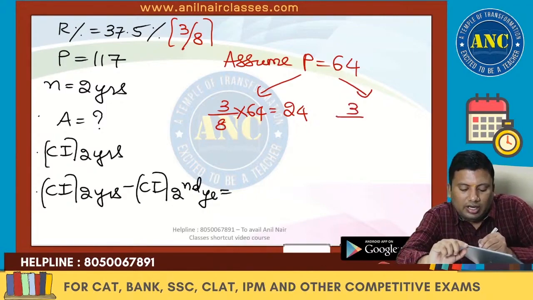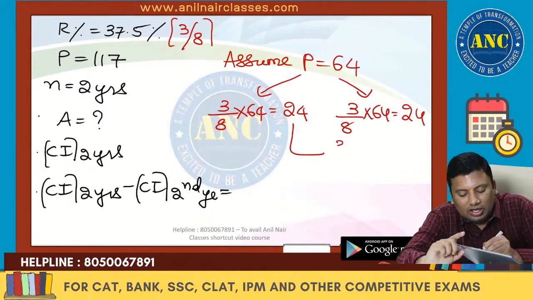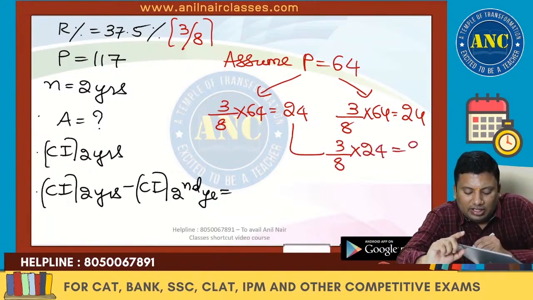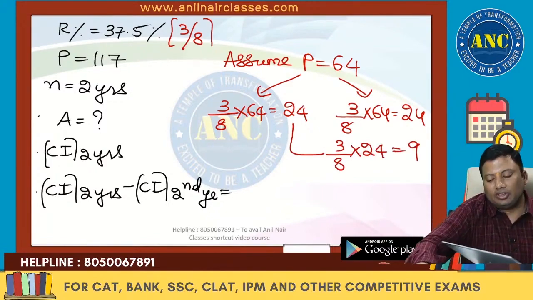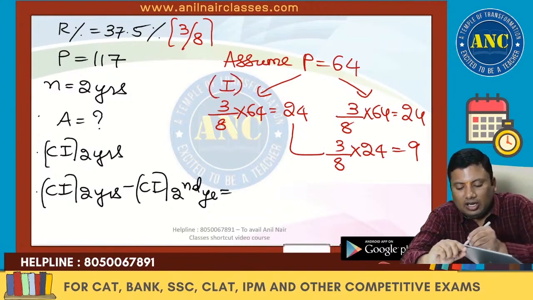Second year also it is the same, 3 by 8 of 64, which is 24. CI is SI plus interest on interest. 3 by 8 of 24 is nothing but 9. This is for the first year and this for the second year.